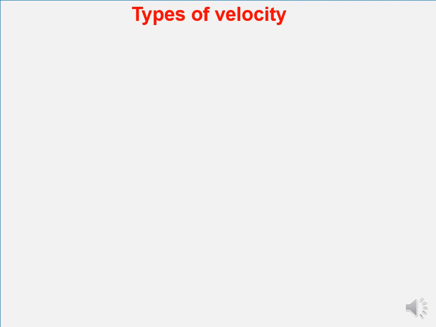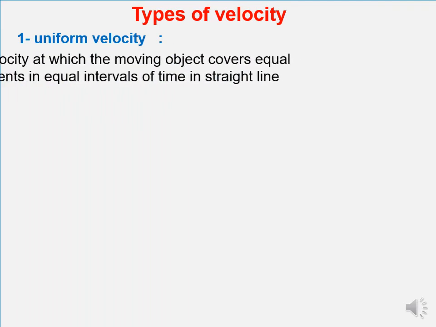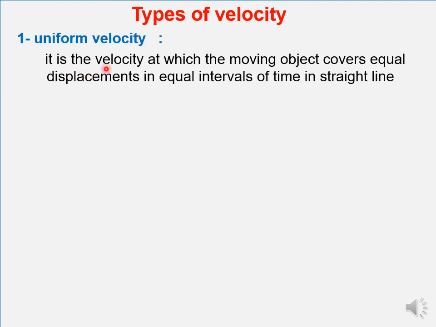Types of velocity. Uniform velocity. It is the velocity at which the moving object covers equal displacements in equal intervals of time in a straight line. يبقى الuniform velocity الobject covers equal displacements in equal interval of time in a straight line.